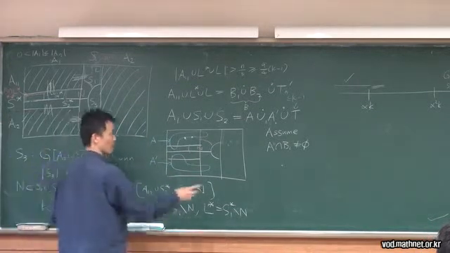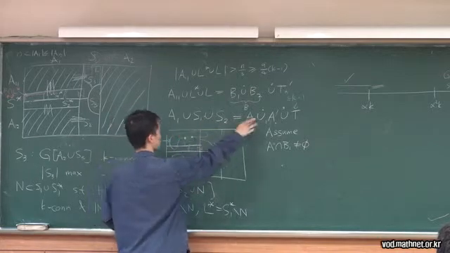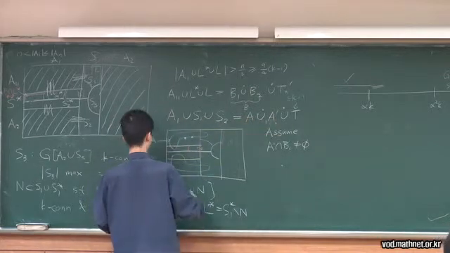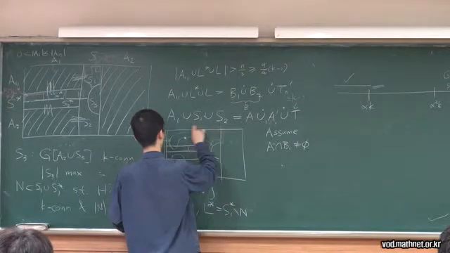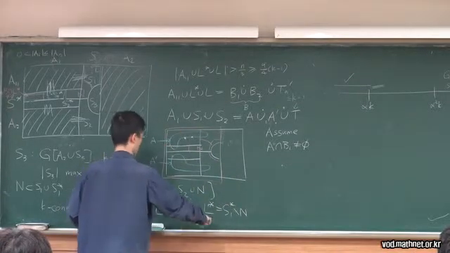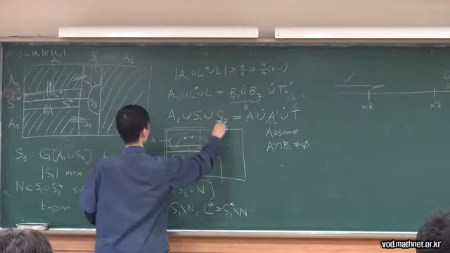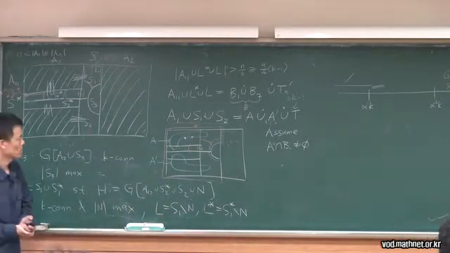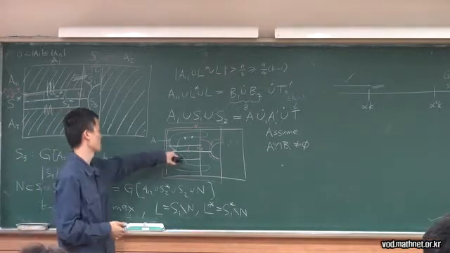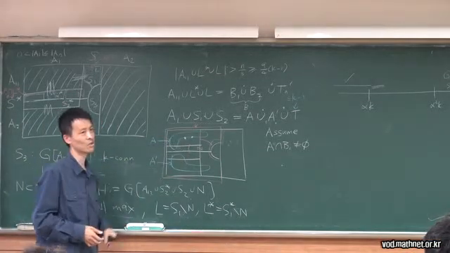Okay, so this is a cut for this here. So this thing here is that. And then T is the rest, the things outside the A and A prime.